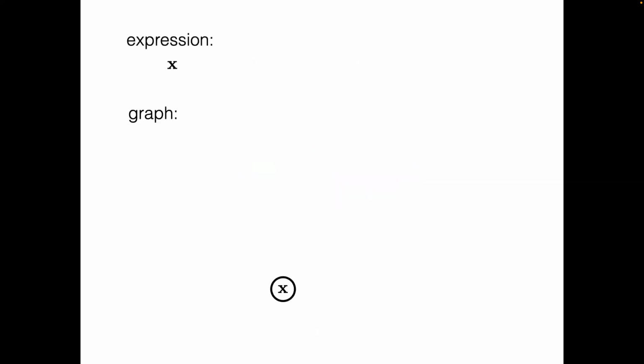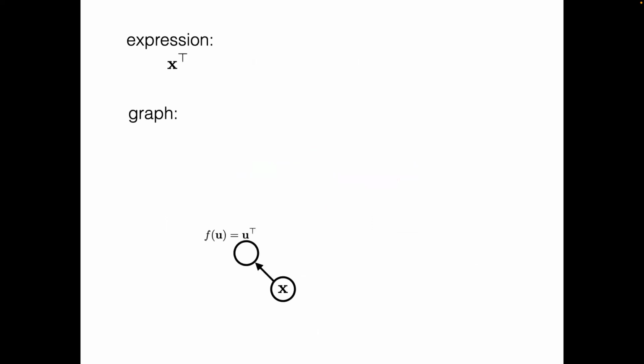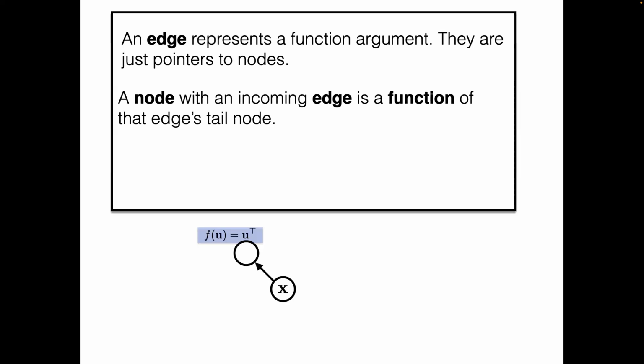Here we start off with some expression, like our data x, and then you can represent the forward pass through the network as this directed acyclic graph. You can perform different operations, like here we're performing the transpose. Here we have this operation, and the incoming edge will be the argument.